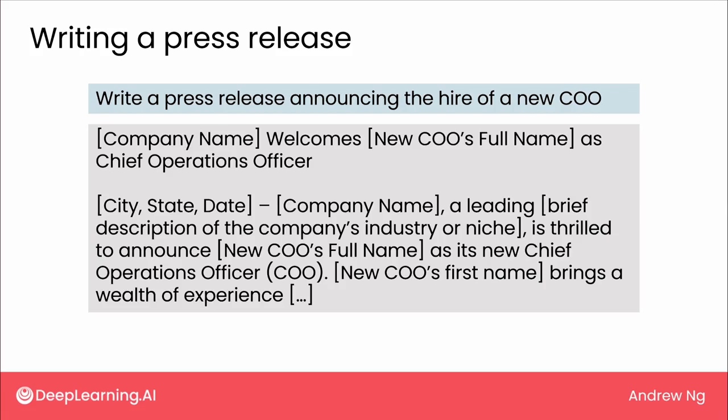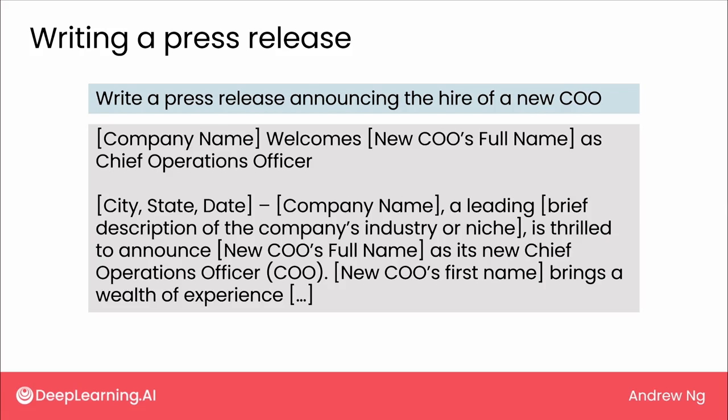When writing a prompt, you find that if you can give the large language model more context or more background information, then it will write more specific and better copy for you. If all that the large language model sees is "write a press release," at this point in time, it doesn't know anything about your company, about the new COO's name or their qualifications, and so it ends up writing something very generic like this.